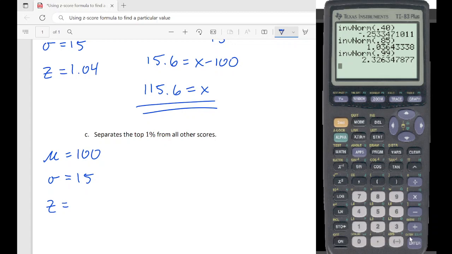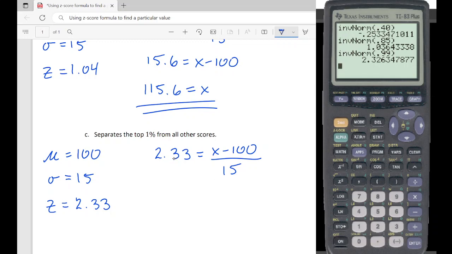And we're going to get 2.33 for our z-score. Now we just plug it into our z-score formula. So 2.33 equals x minus 100 over 15.